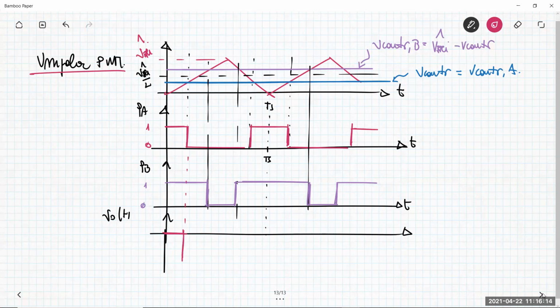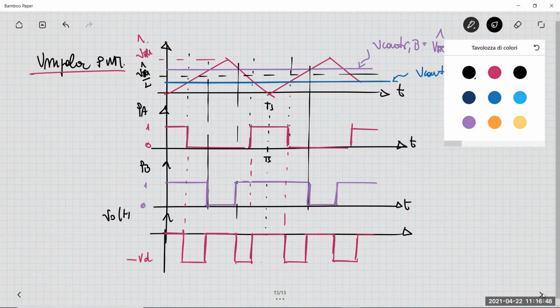Then you have negative Vd, 0, negative Vd, and 0, negative Vd, 0, etc. Okay?